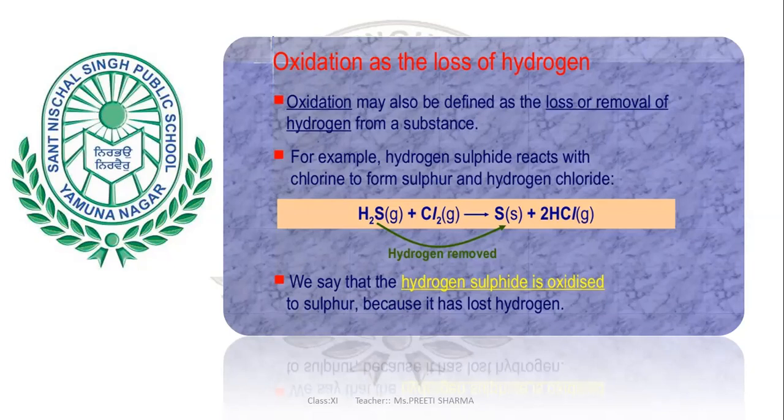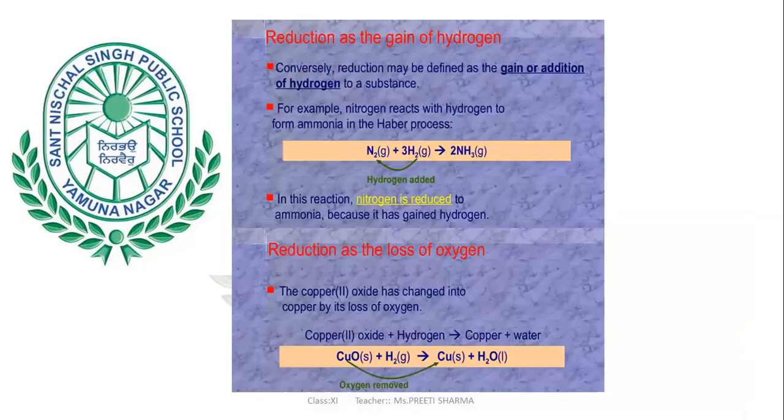It means here there is a loss of hydrogen, and if there is a loss or removal of hydrogen from a substance, it is known as oxidation. Or we can say hydrogen sulfide is oxidized to sulfur because it has lost hydrogen. I hope you have understood this concept.